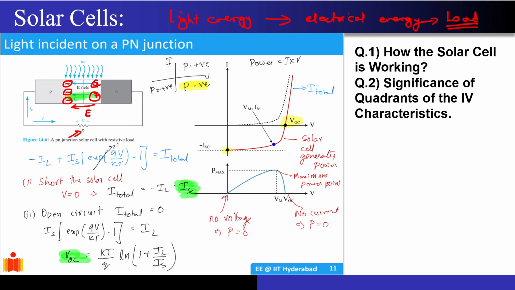Now when I shine the light, depending on the wavelength of the light, I will get the generation of electron hole pairs. Then since the electric field is directed in this direction, electrons will move in this direction, and the holes will move in the left direction.